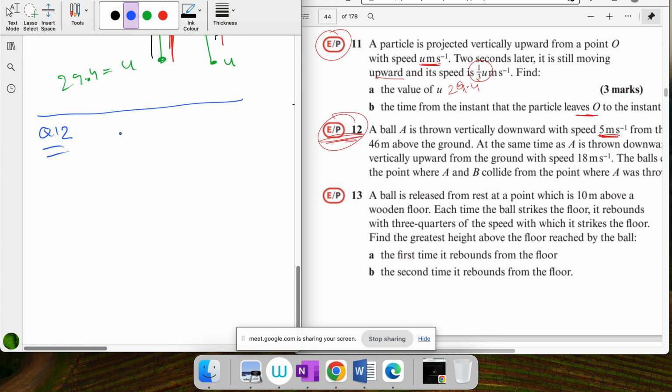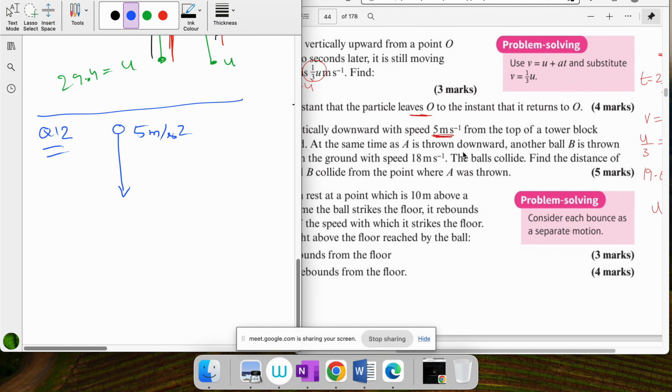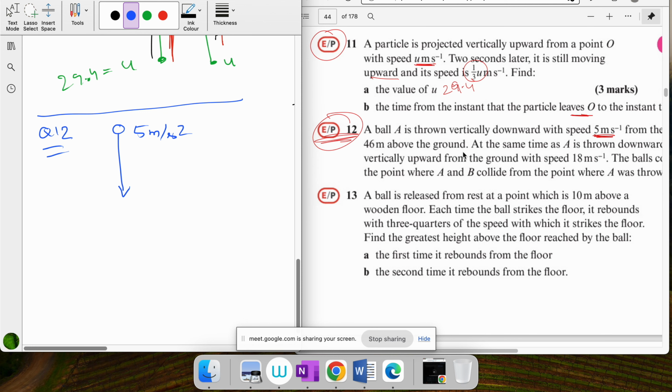Question 12 says a ball is dropped downwards with a speed of 5 meters per second from the top of a tower block 46 meters above the ground. So this tower's height is 46 meters.